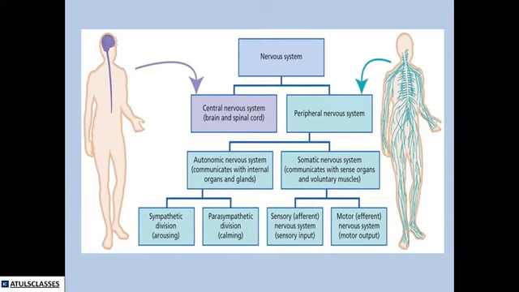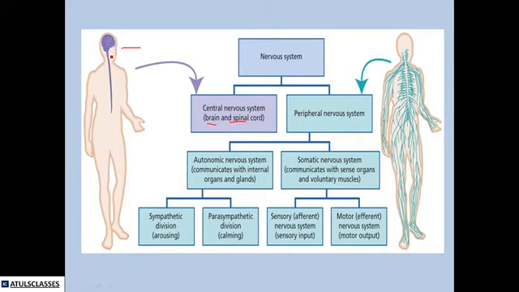The central nervous system, as you can see here, has only two parts, that is, the brain and the spinal cord. It is a very simple structure, but most of the functions are controlled by these two organs.